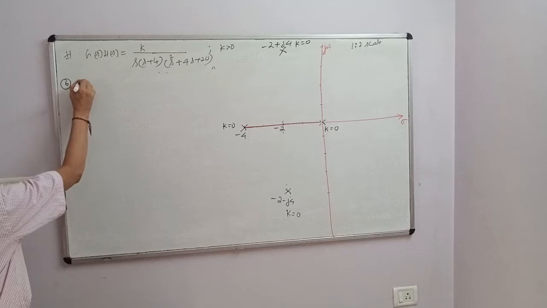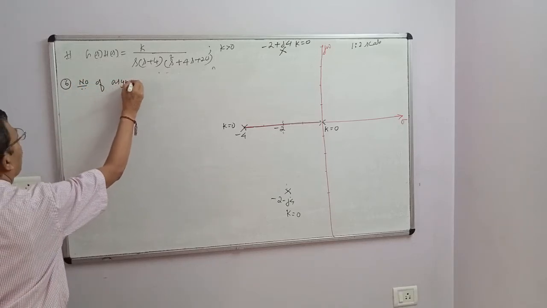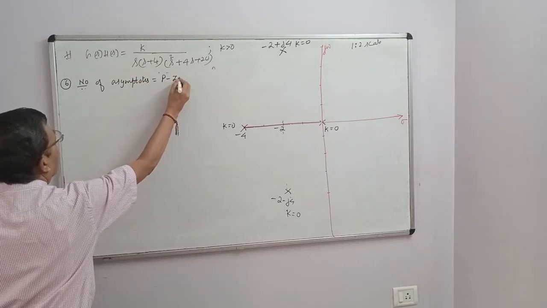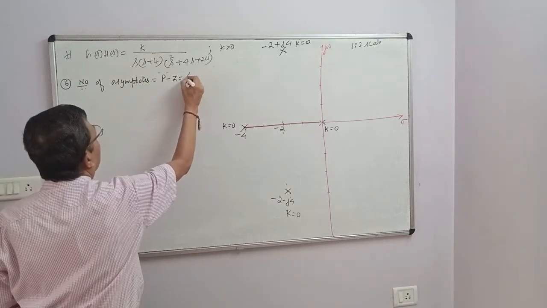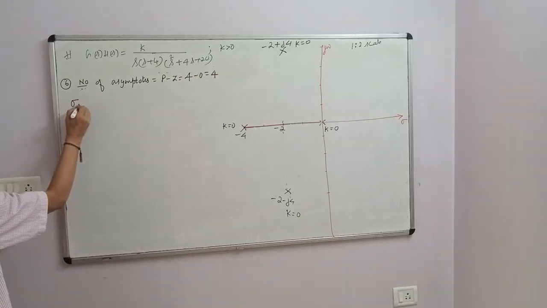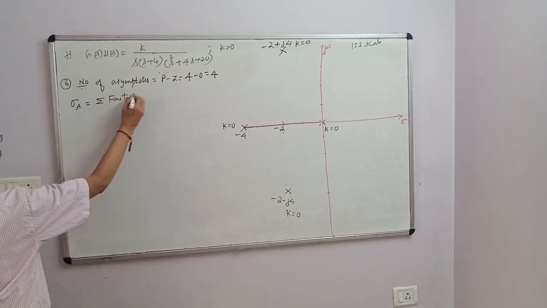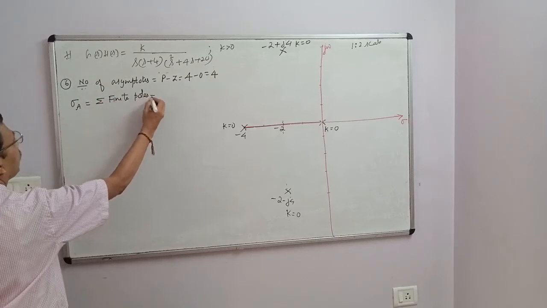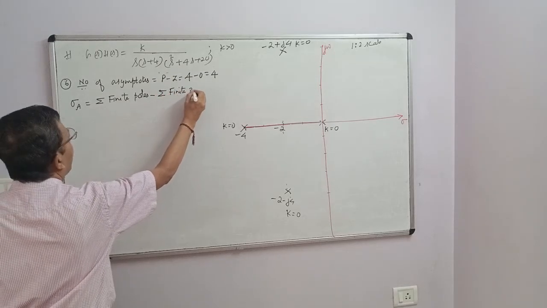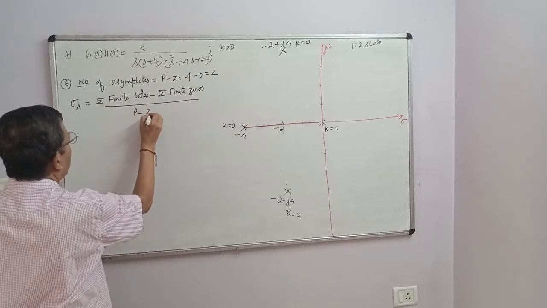Sixth one, number of asymptotes is equal to p minus z. P is 4, z is 0, so it is equal to 4. Centroid sigma A is equal to summation of finite poles minus summation of finite zeros divided by p minus z.